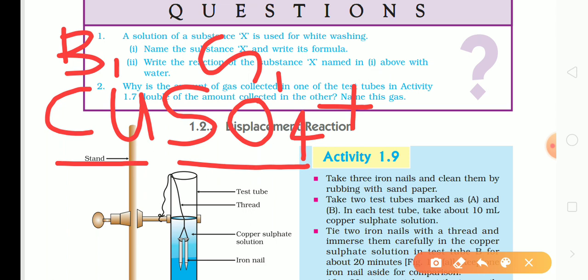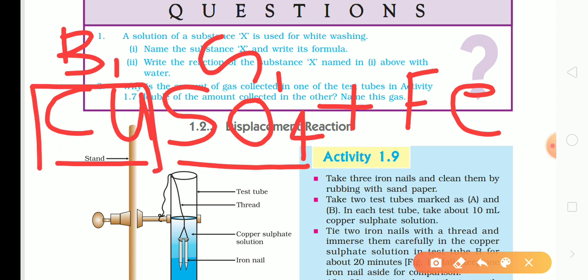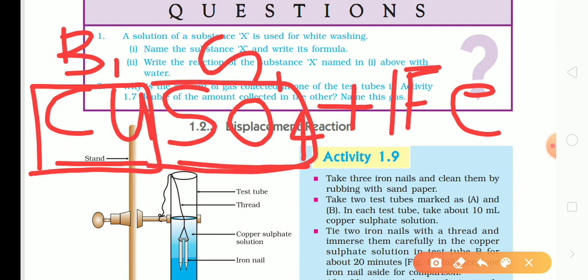And a more reactive metal is coming: iron is boy 2. It is a compound of a metal, copper sulfate, and iron is more reactive compared to copper.